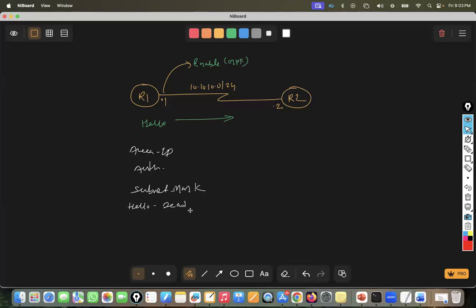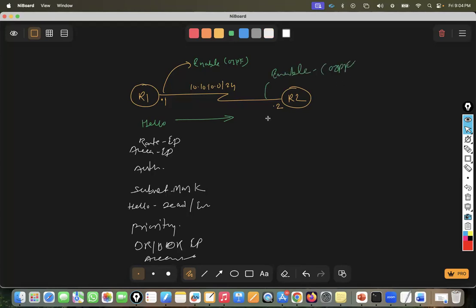It carries the priority, DR and BDR IP details, and the area details. And there is no router ID. If you have a router ID, the process ID is not going to be carried. Some people may ask about the process ID. And the same values are going to match when OSPF is enabled here also.